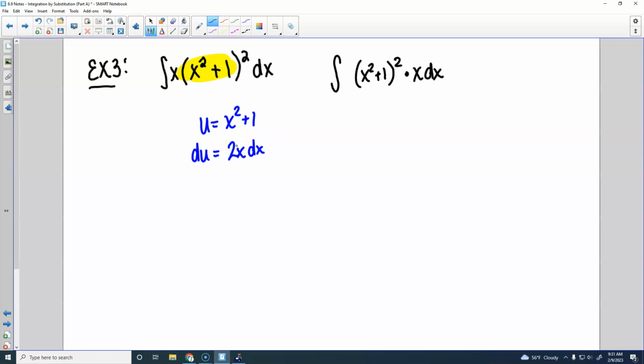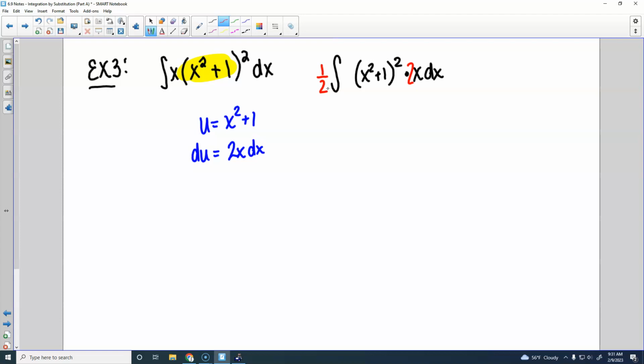So I can just add a 2 right here as long as I put a 1/2 out front, because 2 is just a coefficient. I could put the 2 here, and that's fine as long as I also put a 1/2 out here, because that coefficient will cancel out with the 2 and will not change the value of this function.